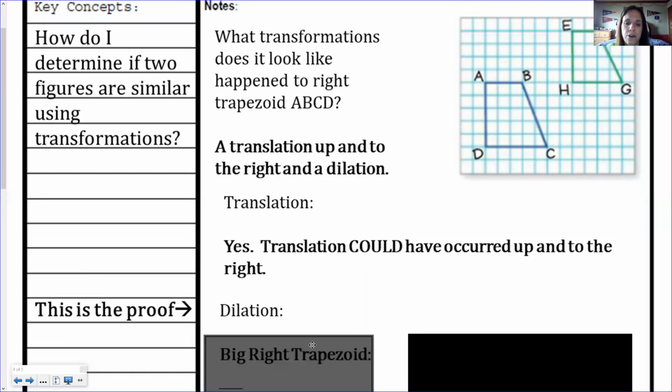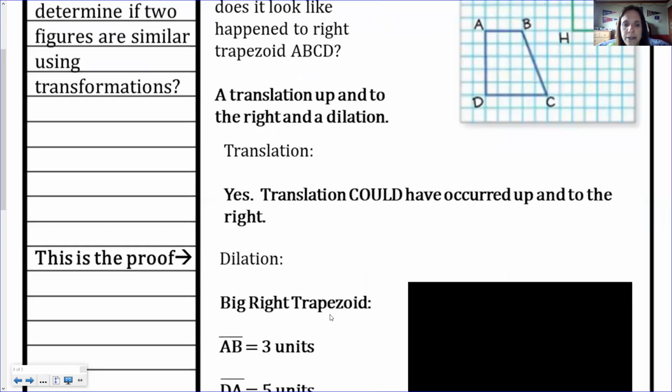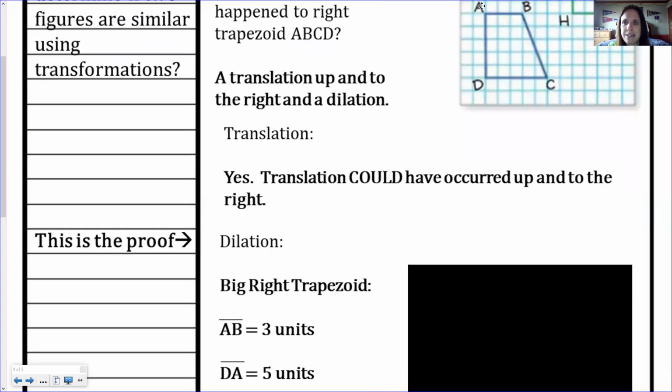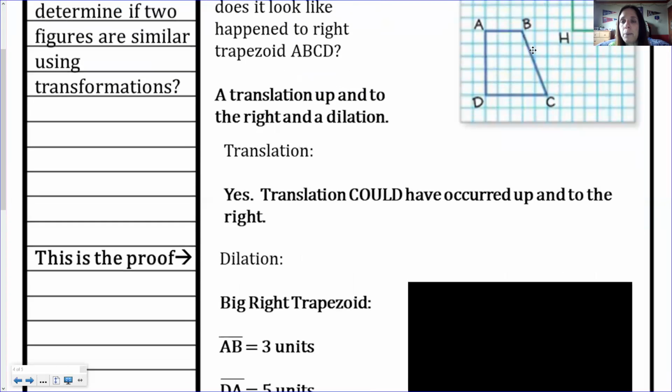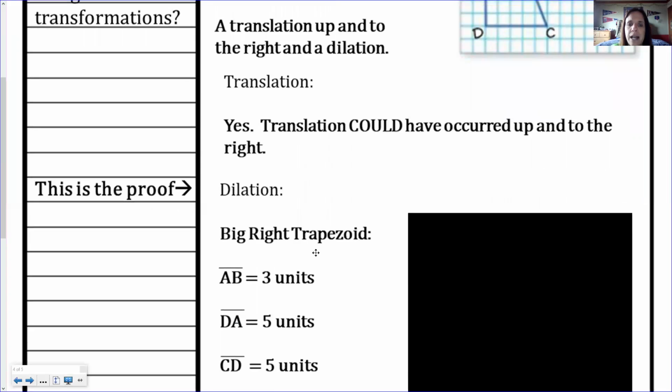So we're going to start with the big right trapezoid, side length AB, 1, 2, 3 from A to B. AD or DA, 1, 2, 3, 4, 5. And we can do DC too, or CD, 1, 2, 3, 4, 5. Okay. The only one we can't get is the slant. We can't get that slanted side. Okay, so that's on the blue one.